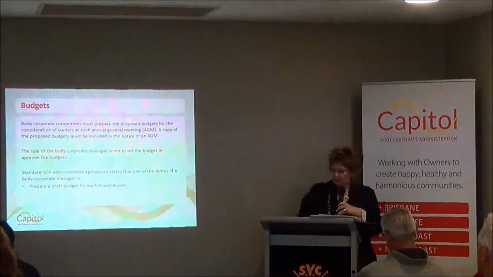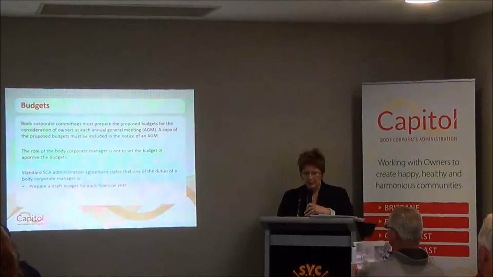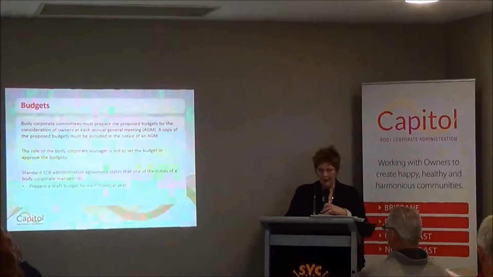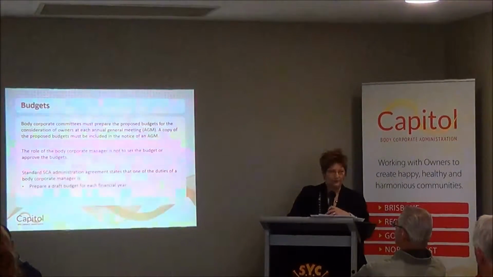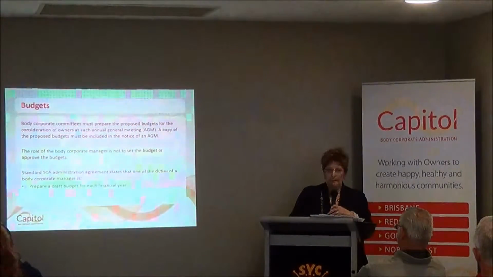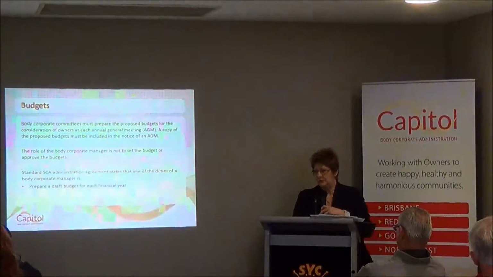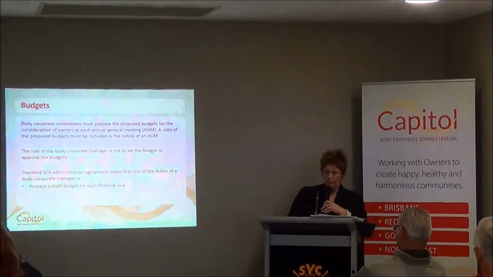The budgets are prepared by the body corporate manager as part of our agreement. We prepare a draft budget at the end of each financial year. That then goes to the committee. They dissect it, increase it, whatever they may do, because they know what they want to do before we do.